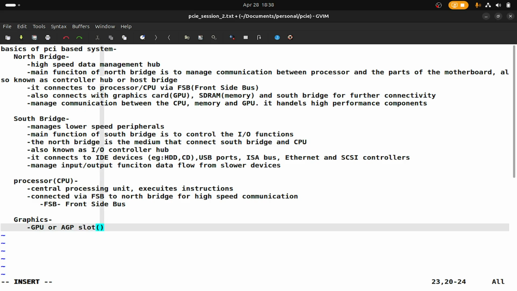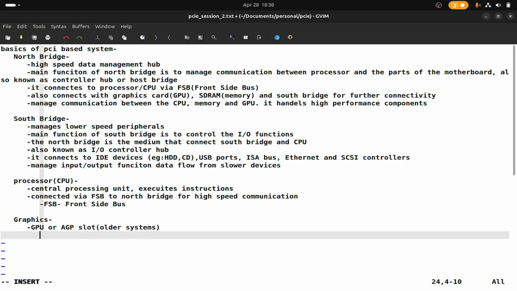In older systems, means old generation PCs. So what does AGP stand for? Accelerated graphics port.